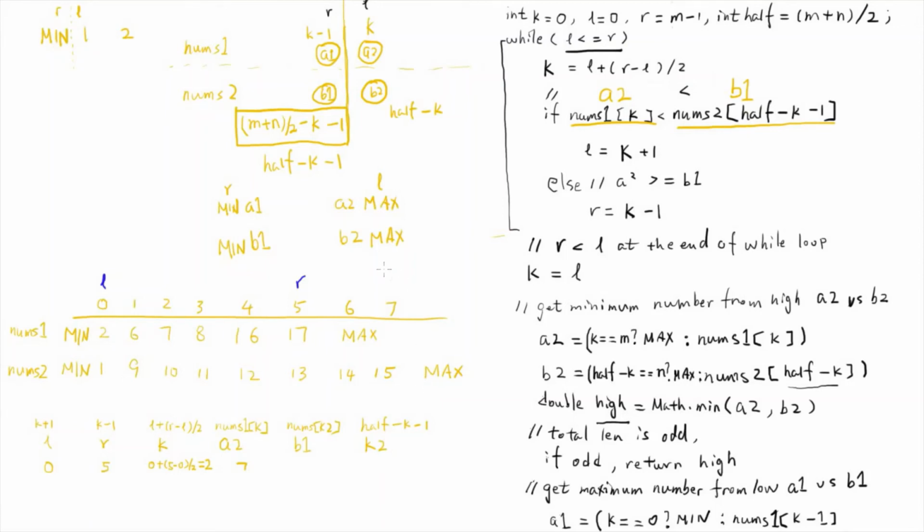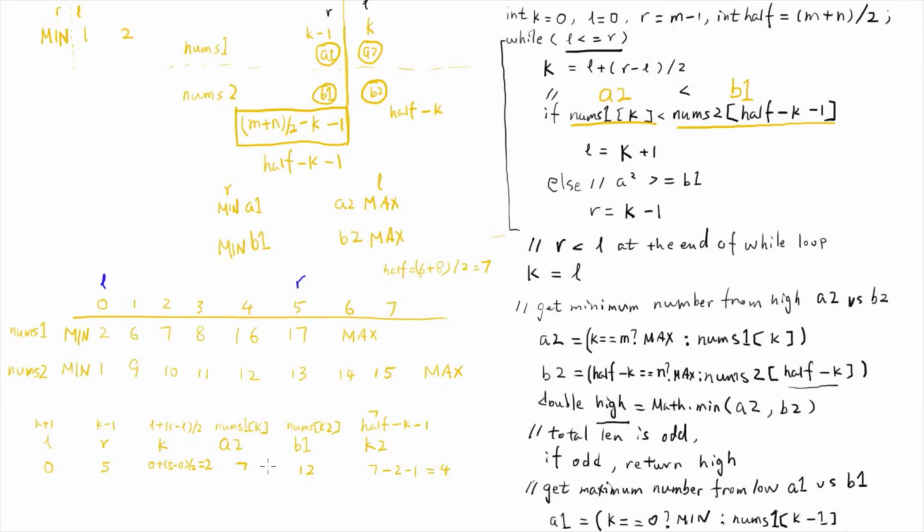So half is equal to 6 plus 8 divided by 2, equal to 7. So half is 7. So K2 is 7 minus k, which is 2, minus 1, equal to 4. So B1 is the value in nums2 at position 4, which is 12.